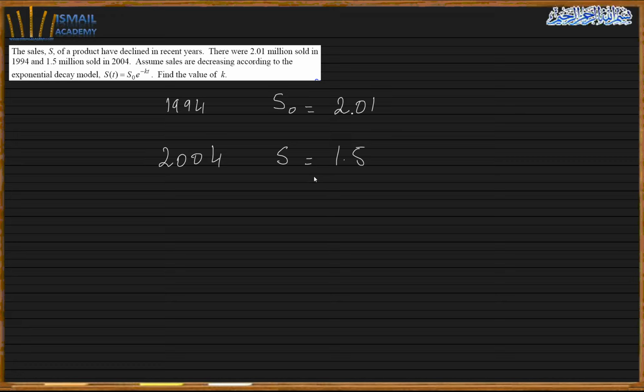So that means after 10 years we got this. Here my t is 10. If I take this minus this, I get 10. That means at t equals 10 we got this value.